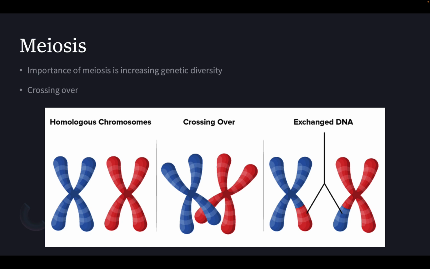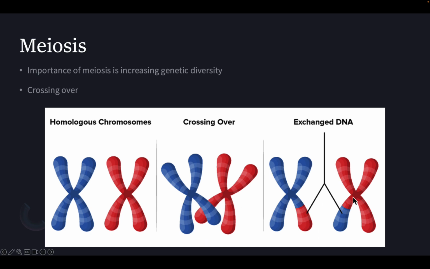So what can happen is, let's say this is chromosome 1, we'll say blue is the paternal, red is the maternal. In order to get a little bit more genetic diversity, so the organism doesn't only get dad's full copy or mom's full copy, these copies that are homologous, right, they have the same genes, they might have different alleles, can mix and match. And that process is called crossing over.